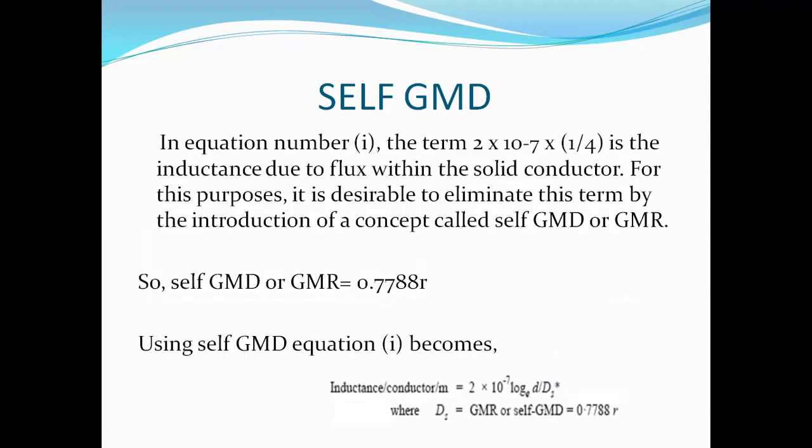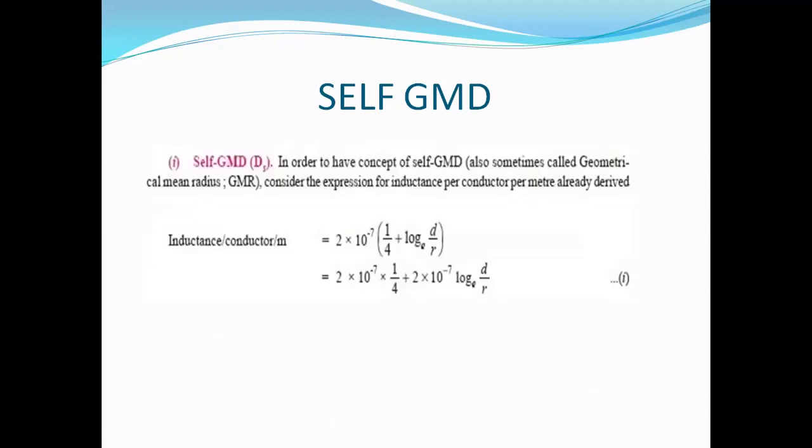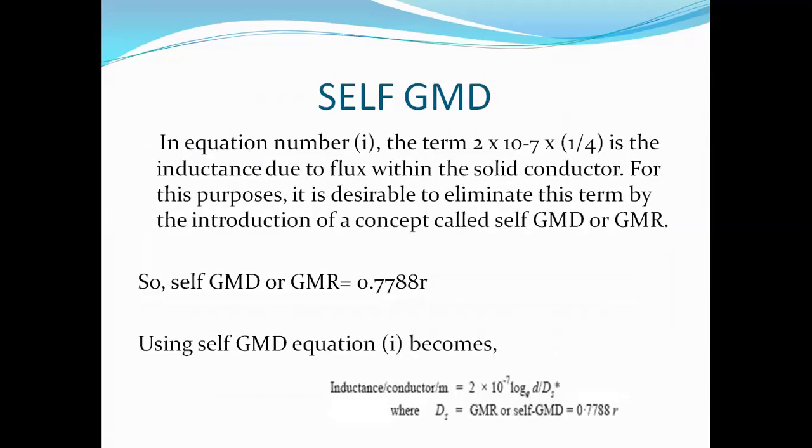Now look, in equation 1, the term 2 into 10 to the minus 7 into 1 by 4 is the inductance due to flux within the solid conductor. So the first part of the equation, 2 into 10 to the minus 7 into 1 by 4, is the inductance due to flux within the solid conductor.